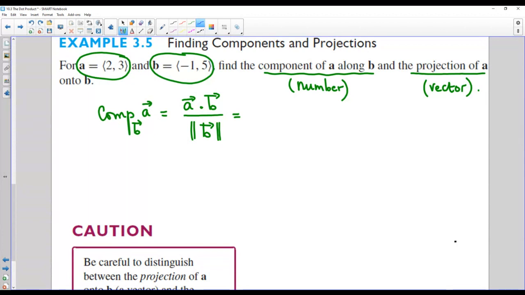We can do that very quickly. So A multiplied by B, the dot product AB will be 2 times minus 1 plus what?